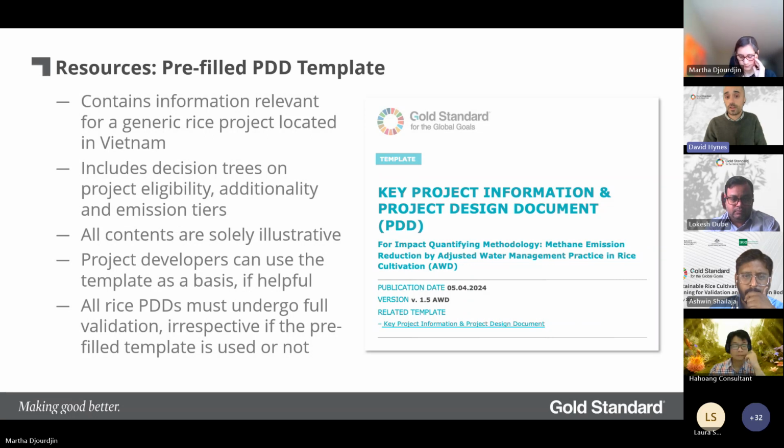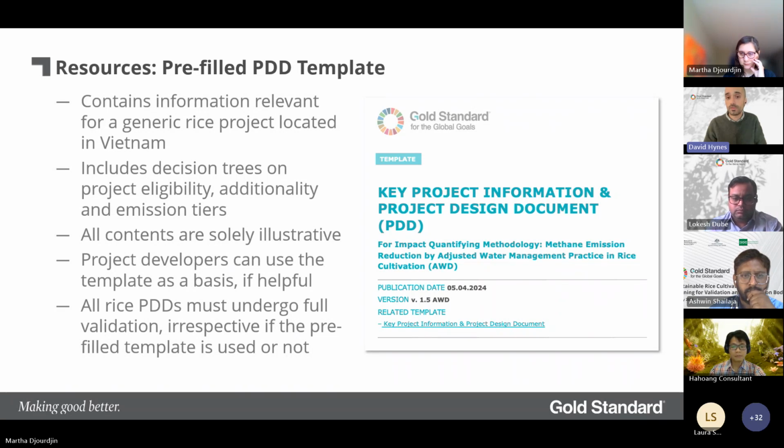The second part, other than the guidance documents, are a couple of tools and templates, which we'll run you through now. So the first of these is a pre-filled project design document template. So most of the resources on the hub are primarily focused at project developers and indeed newer project developers to rice activities. That includes this document.